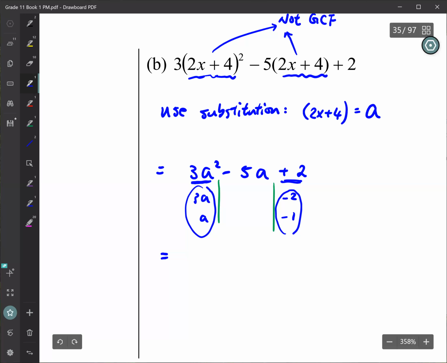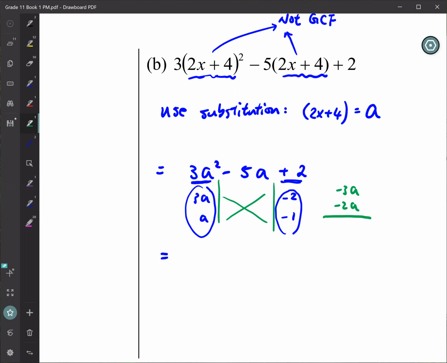Now if we want to check if it matches the middle, that's where the cross multiply comes in. So you cross multiply the 3a and -1, what do you get? -3a. Yeah, and then the other one, -2a, and they add together is -5a. Okay, so if it matches the middle one, then you know you got the right pair, okay?